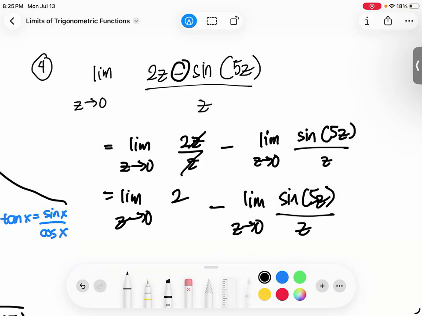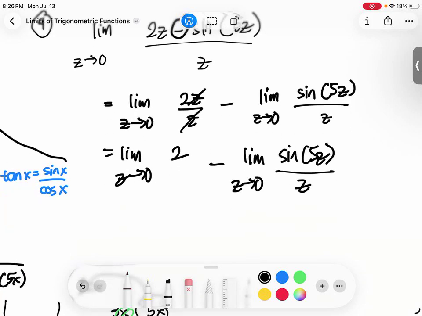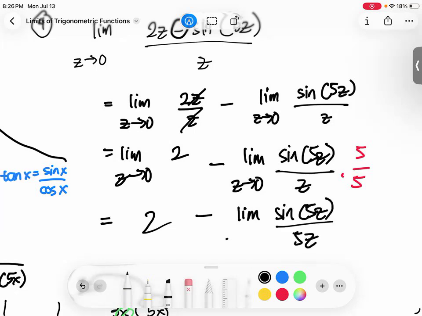Now, the limit of the first term is just 2, but for the second term, we have to multiply 5 over 5 to make the denominator 5z. So this will be the limit of sine of 5z over 5z as z approaches 0 times 5.